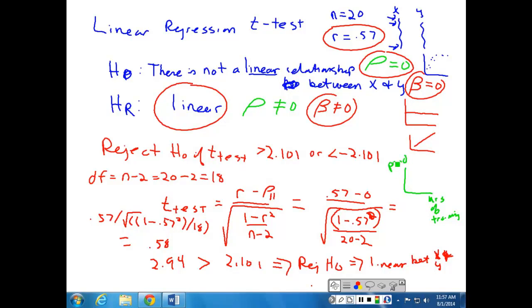We've concluded that the data we have is very unlikely to have occurred by chance. Okay? We're going to have a really low p-value. We've rejected H0. We've concluded that there's a linear relationship.